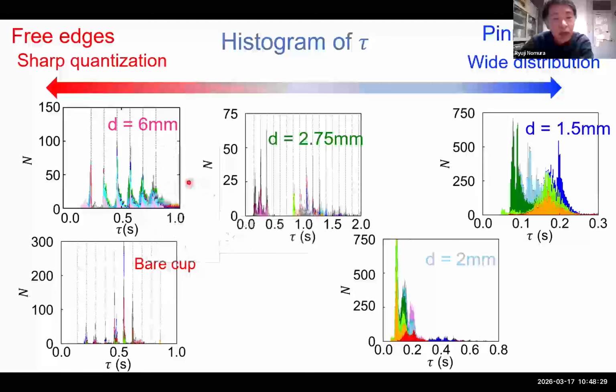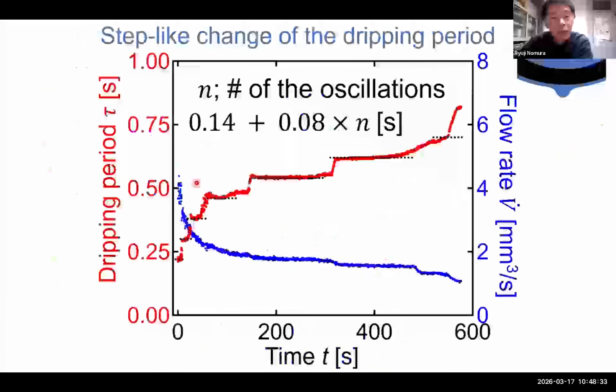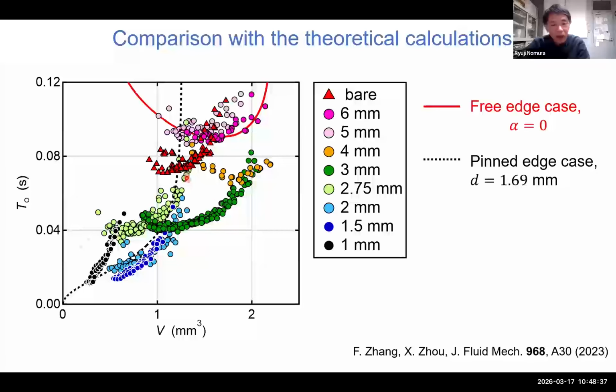This is not the dripping period, but the oscillation period of the droplet, and this also depends on the size of the cylinder.